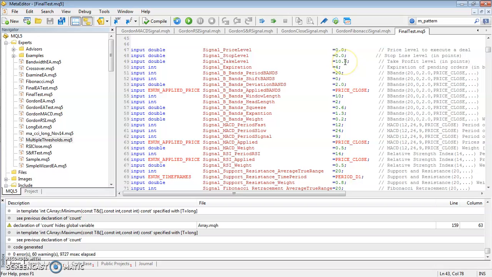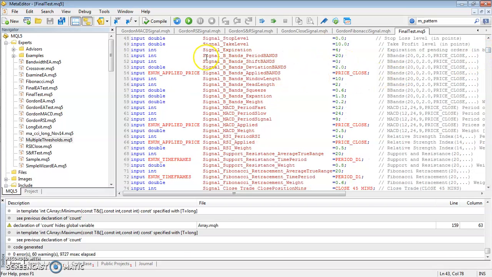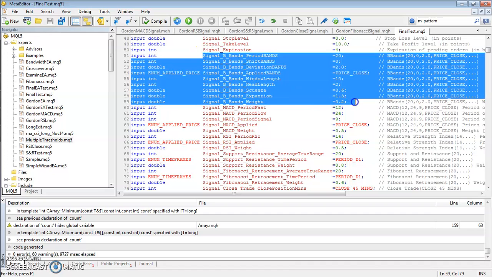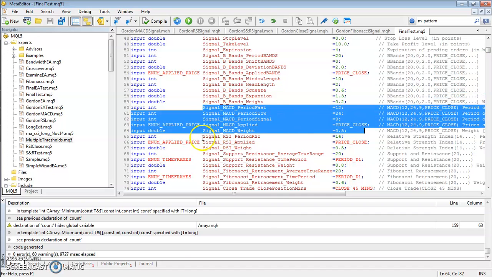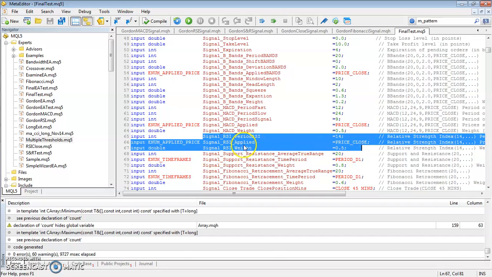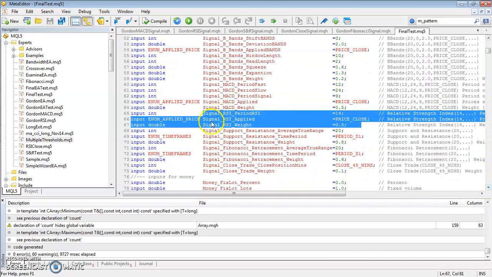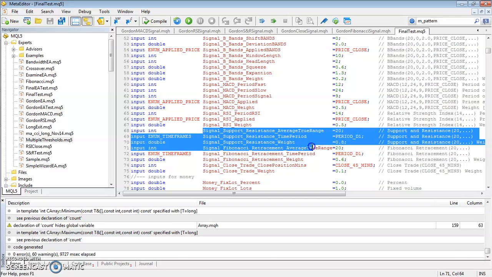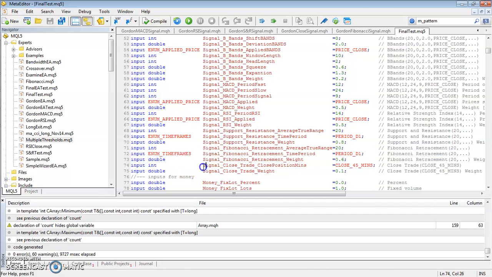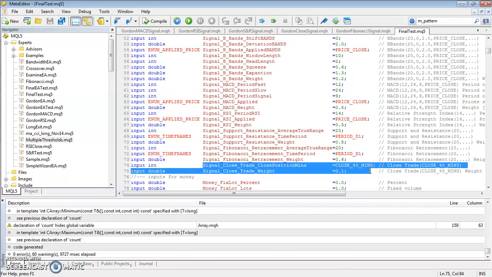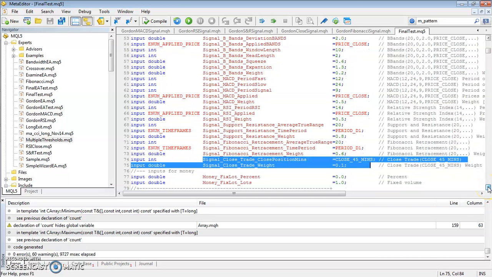The profit, and these are the parameters for Bollinger Band, and these are the parameters for MACD, parameters for RSI, parameters for resistance, parameters for Fibonacci, and the parameters for closing the position.